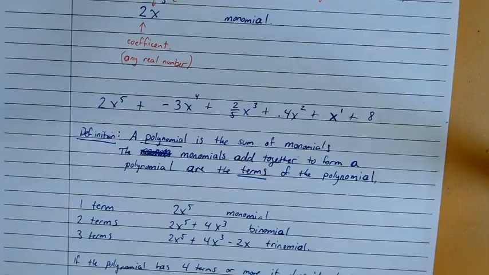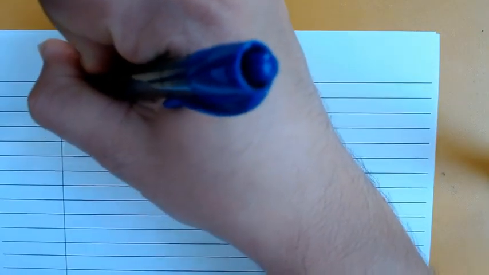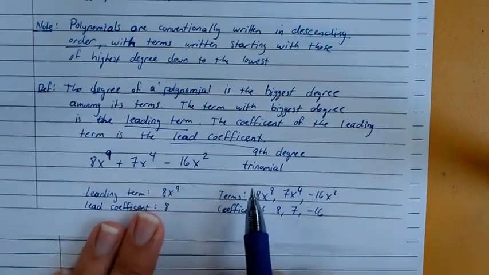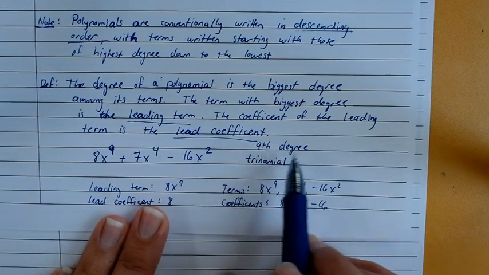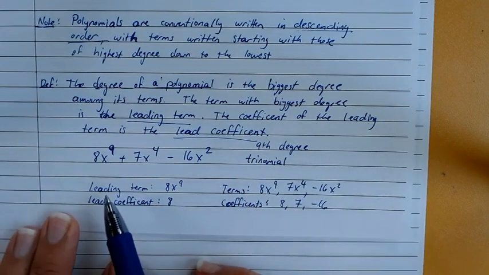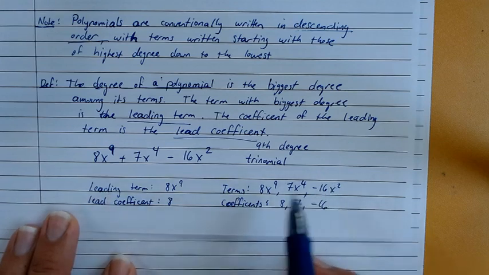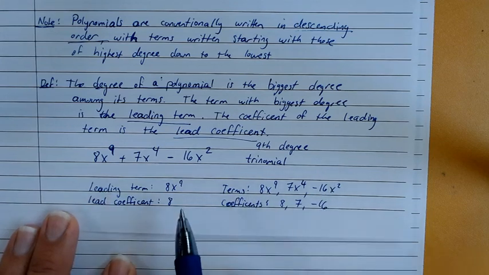So go ahead and give this a try. First of all, you're going to designate the term. So like over here I said, it's a monomial, binomial, or it's a trinomial. It's a 9th degree trinomial. So give the degree and a label. And then you're going to state all the terms, state all the coefficients, and then out of those, tell which is the leading term and the lead coefficient.